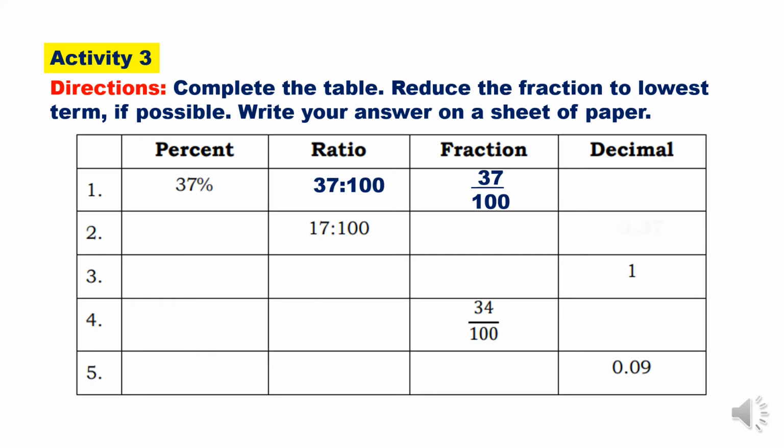In decimal, 37 hundredths. For number 2, in percent form, that is 17%. In fraction, 17 hundredths. In decimal, 17 hundredths. So, I'll give you 3 minutes to answer number 3, 4, and 5.